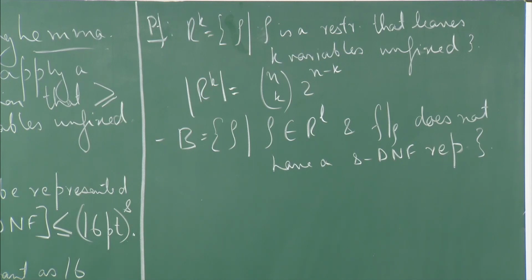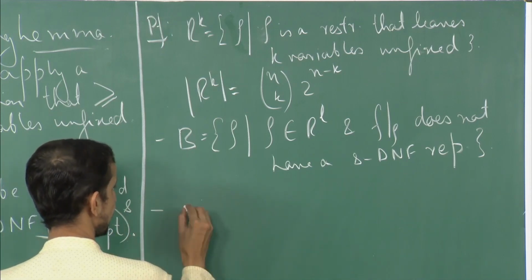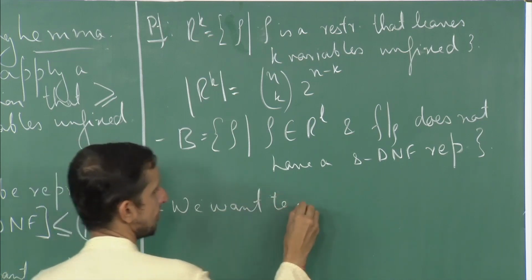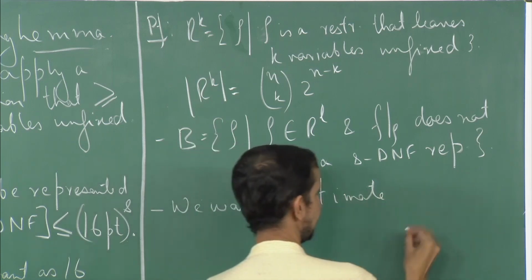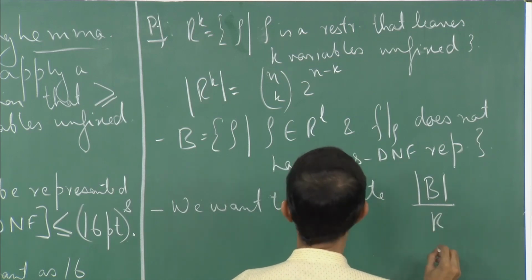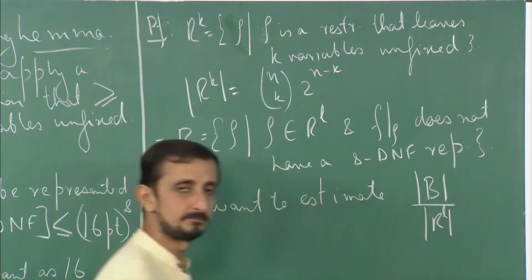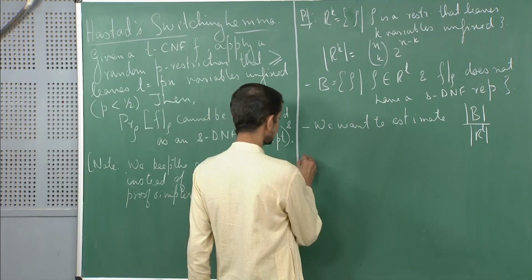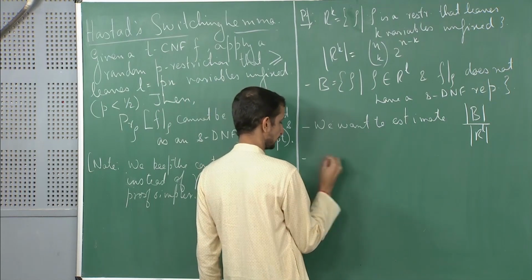So now what do we want to estimate? We want to estimate the quantity size of B by size of R L, right. So this is the roadmap of the proof.